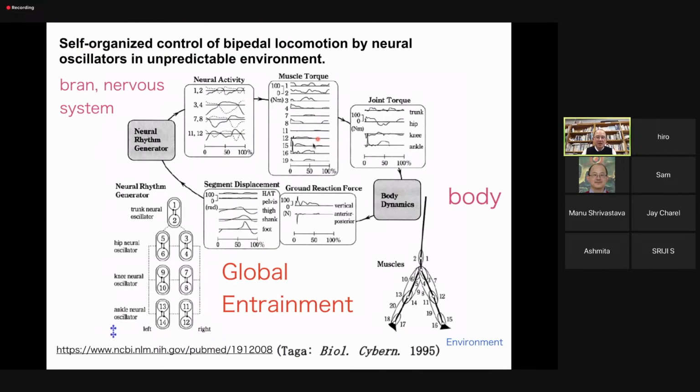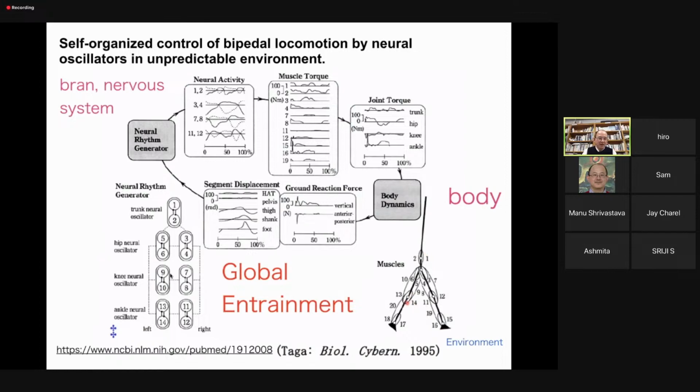In the computer simulation of the robot, he described the body dynamics by solving the Newton-Euler equation, and the neural rhythm generator was also given in the same simulator. Body kinematics clearly describe the physical way, the kinematics and the dynamics.